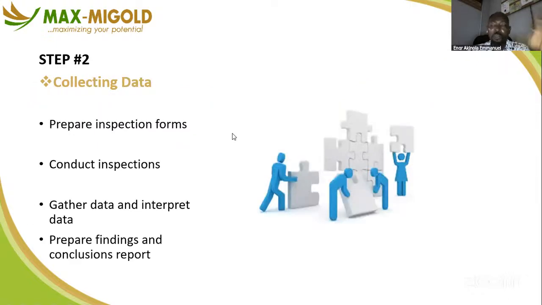Then data collection, because each member of the assessment team knows exactly what they need to take in terms of data. Conduct inspection, gather the data, and interpret the data. Once they submit their report to you, you know which one. When you are assessing electrical, if there is need for you to send a contractor to the site, you know the area where you need your contractor to assess.